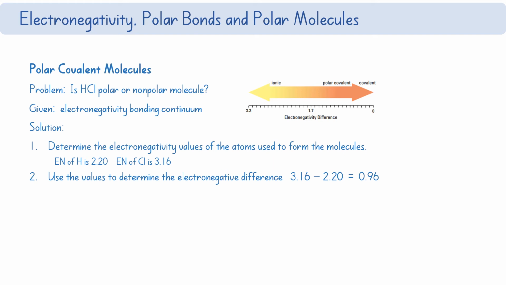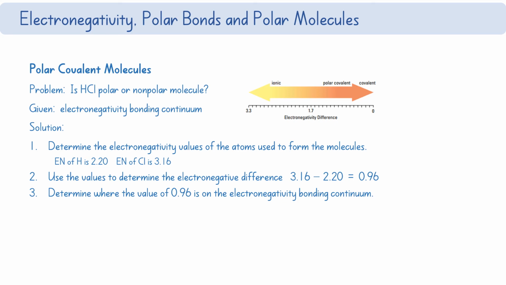We are now going to use these values to determine the electronegativity difference, which is 3.16 minus 2.20, which gives us 0.96. But where does this fall on our electronegativity bonding continuum?